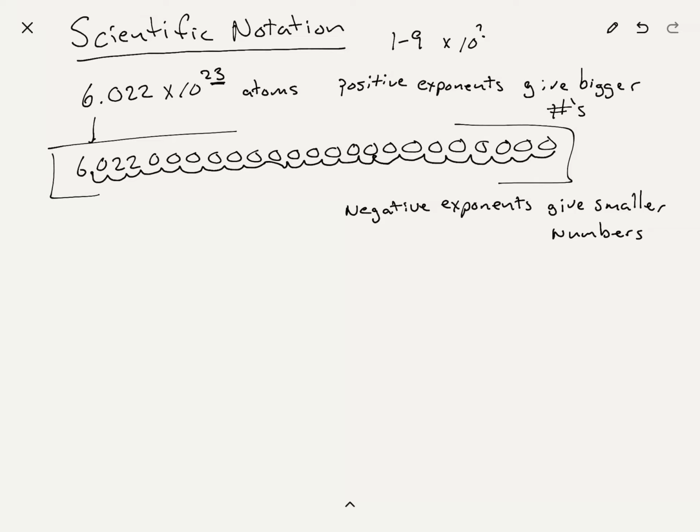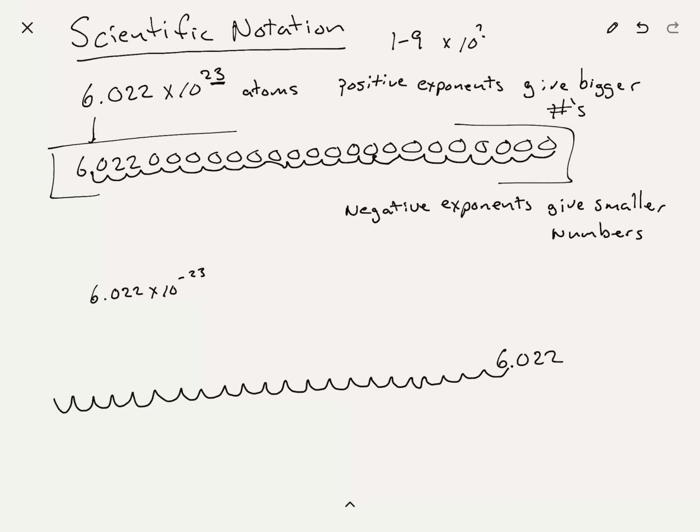So let's say that we have 6.022 times 10 to the negative 23 of something. In this case, we're going to have the 6.022, but instead of moving to the right, we need our number to get much smaller. So we're going to move it to the left. 1, 2, 3, 4, 5, 6, 7, 8, 9, 10, 11, 12, 13, 14, 15, 16, 17, 18, 19, 20, 21, 22, 23.